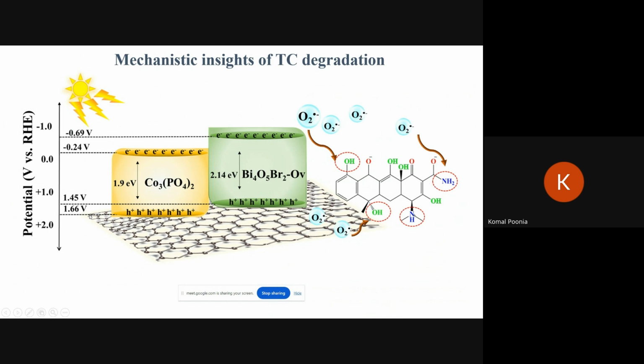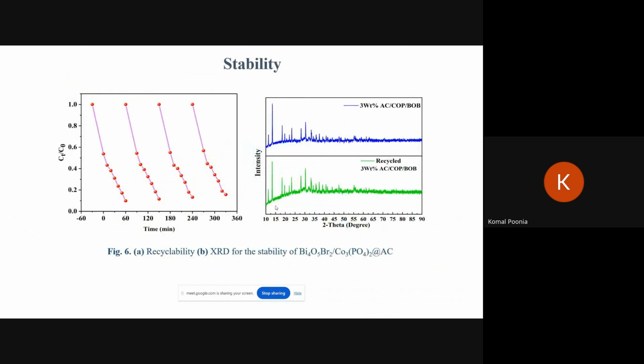But here 1.66 volt is not enough to generate hydroxyl radical, but it can avoid the recombination of the electrons and holes, which further improved the tetracycline degradation.